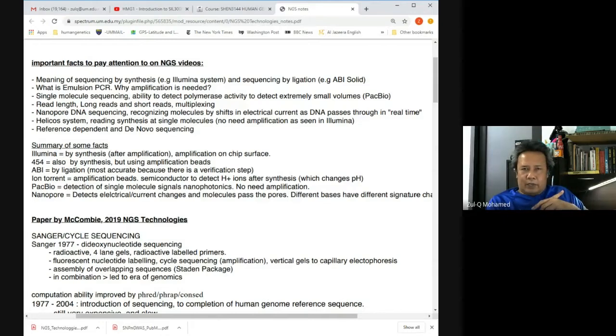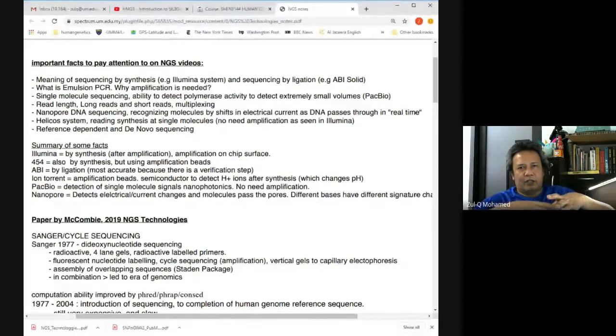Why does it require amplification? Simply because the technology that they use is not sensitive enough to detect single molecules. So that's why they have to get clusters of the same sequence, right? So they do bridge PCR, so that in one cluster it's just the same sequence.